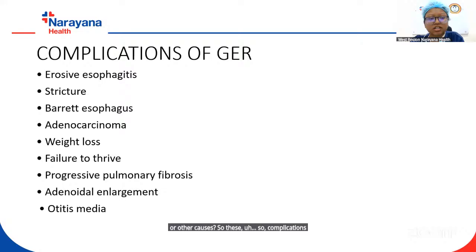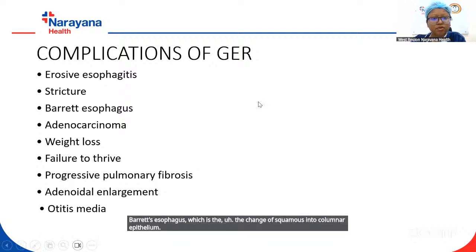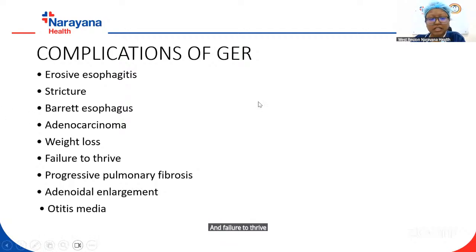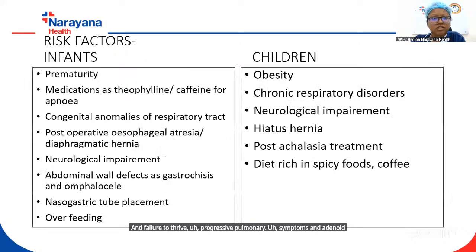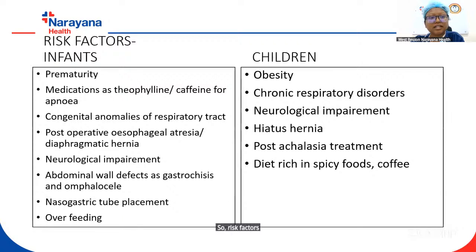The complications of GER include erosive esophagitis, stricture, Barrett's esophagus, which is the change of squamous into columnar epithelium, failure to thrive, progressive pulmonary symptoms, and adenoidal enlargement. Risk factors of GER in infants and children are as follows.